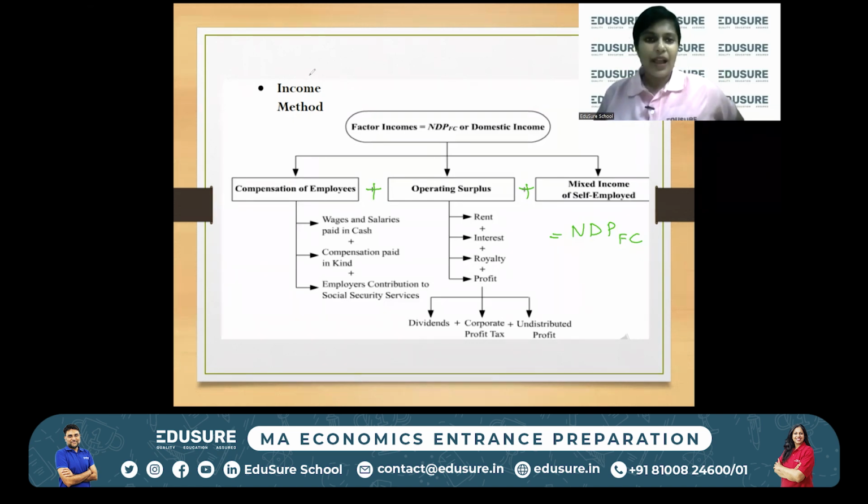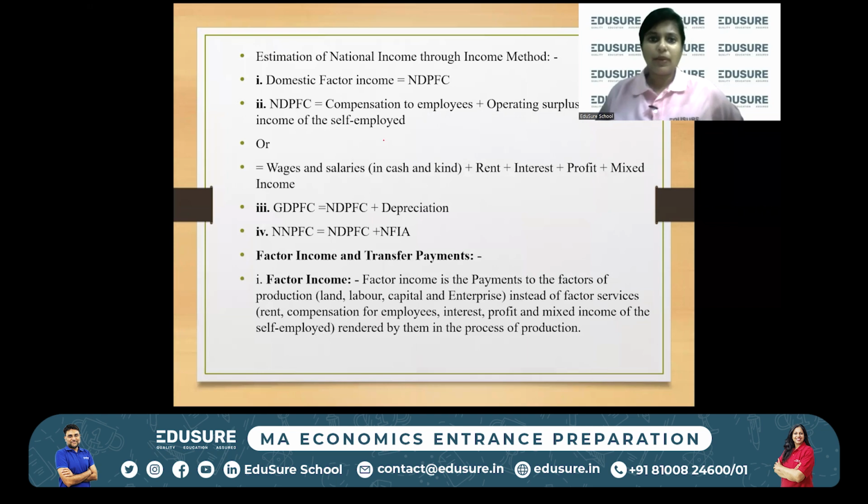Okay, so when you have income method and you add all these components together, what we get is NDP at FC. Okay, so this is not GDP at MP. So this is one thing that we have to remember. Okay, so NDP at FC, this is what we get. And if you want, you can get everything else from there.